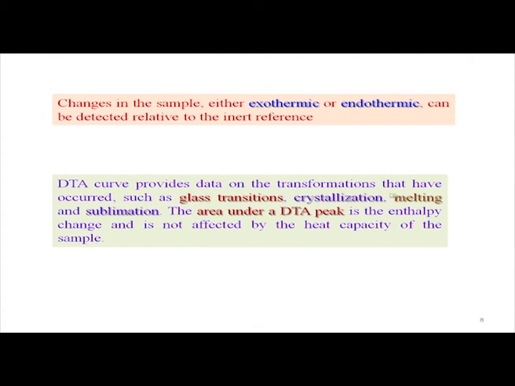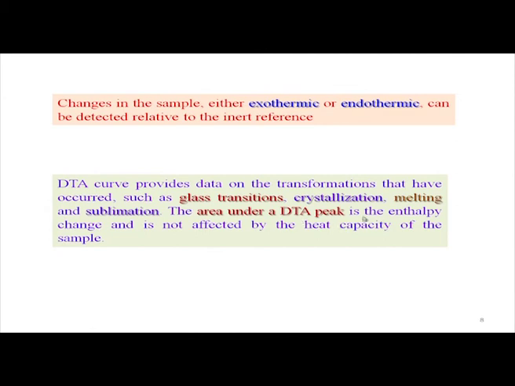So, all these processes can be monitored by DTA, that means differential thermal analysis, and like your DTG plot, the DTA also can give rise to some area under the plot, that is also a peak type of thing.